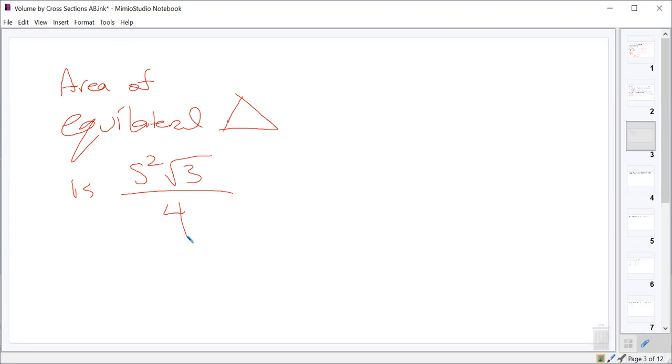Okay. That will be helpful. Equilateral triangles come up from time to time, every year or two, on the AP test. And if you know that formula and it shows up, life will be good for you. S squared √3 over 4. So you want to know that.